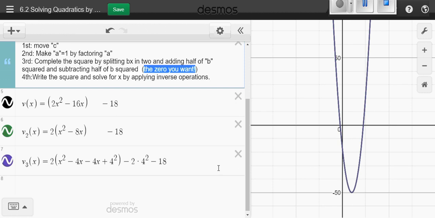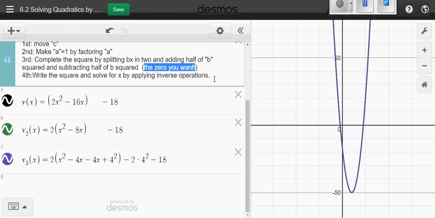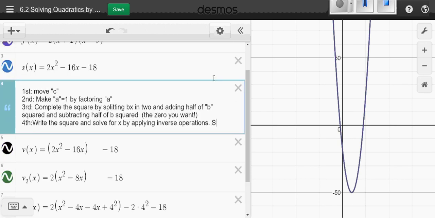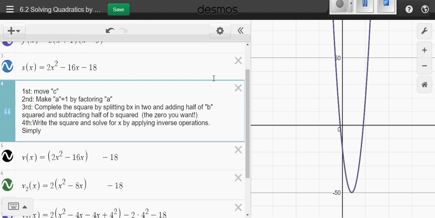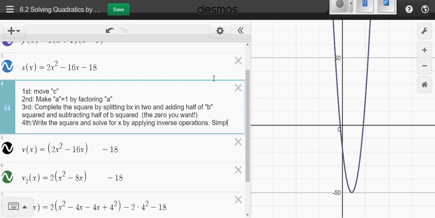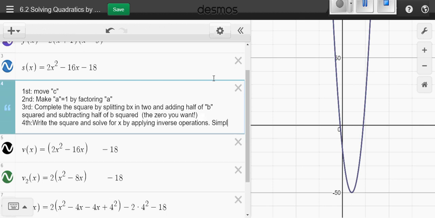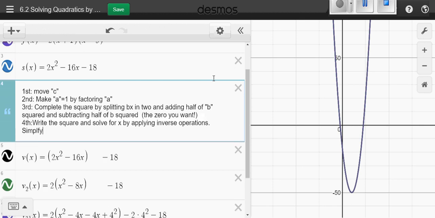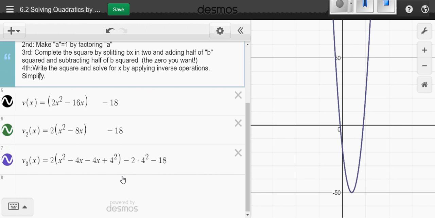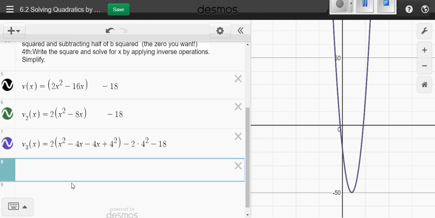Or I could simply replace this with simplify. So let's do that.